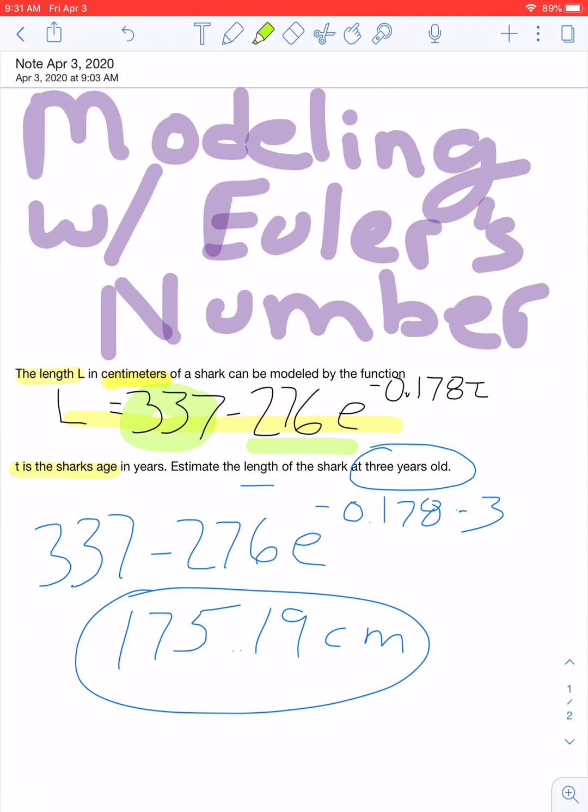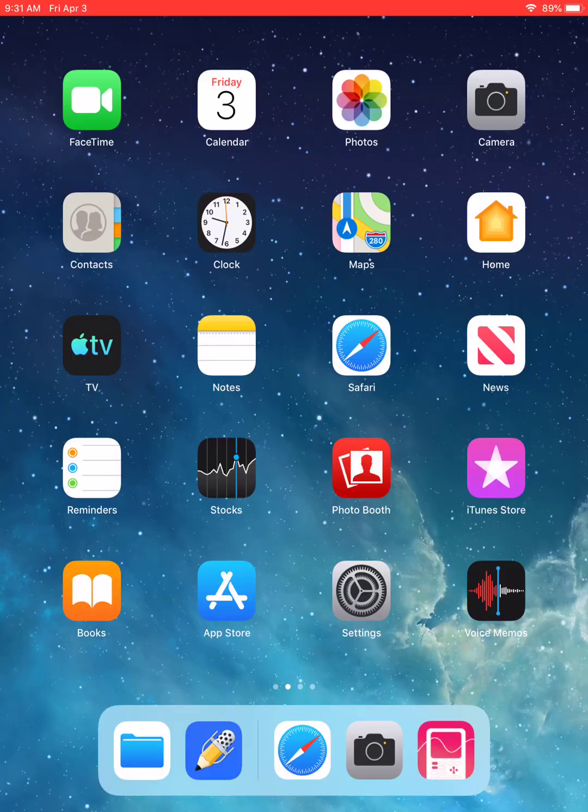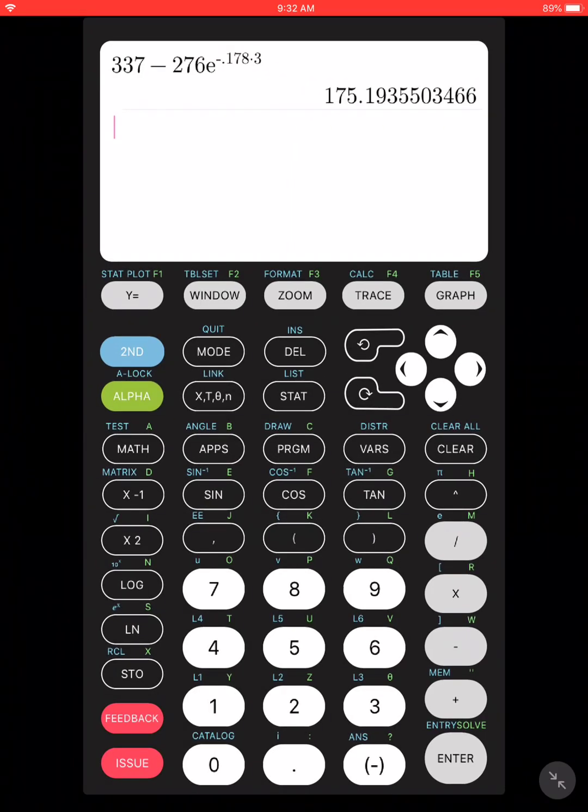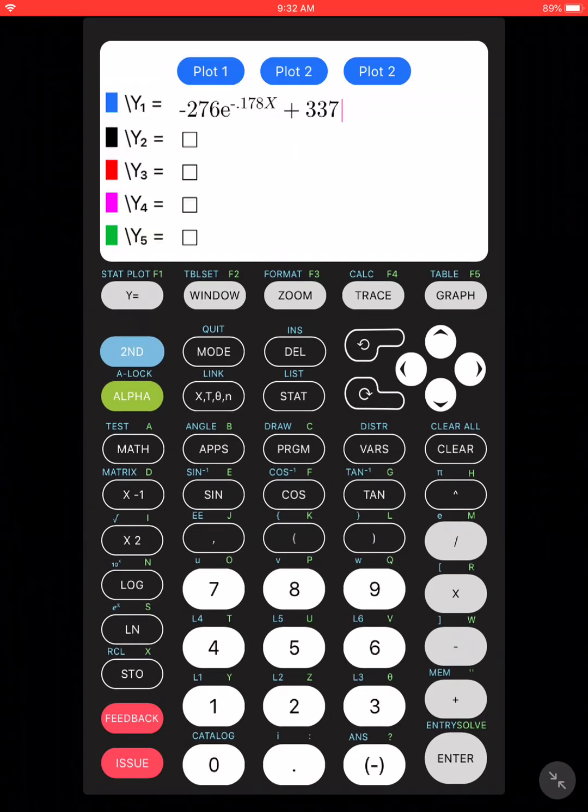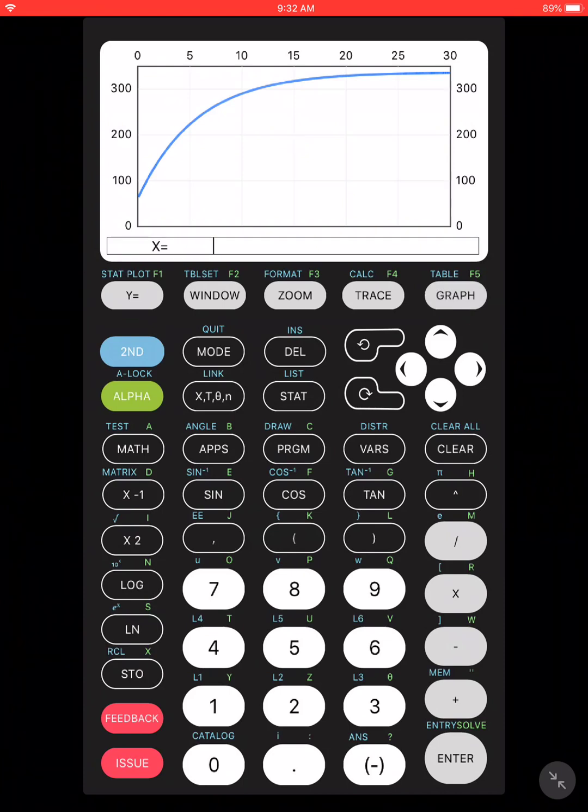To further take a look at some of this, let's take a look at the graph itself. All I'm going to do is take the equation and type it into my y equals. You'll note that just for consistency purposes, I put the asymptote at the end. It does not matter. It will still represent the asymptote. And if I hit graph, we have our following graph. If you look at the y-axis, we're counting by hundreds, and the top represents 350.